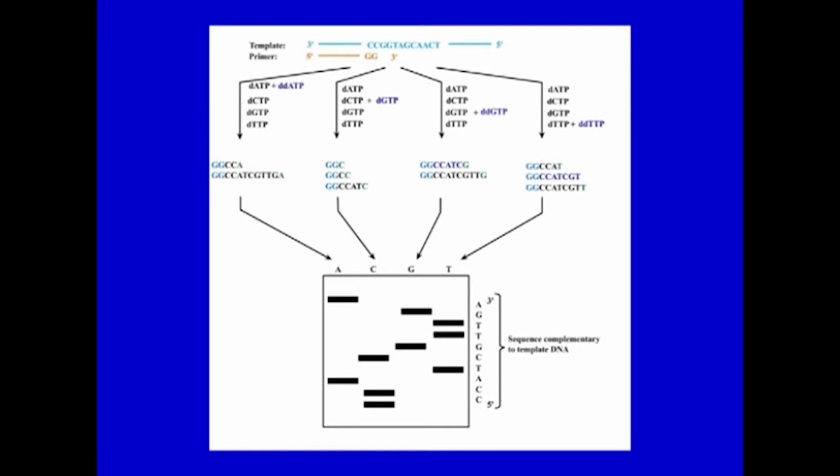Likewise, as you have seen here, this is GG, so it will come CC here, then A, then T, then CC, CG, and likewise you will get the sequence. So, reading from top to bottom excluding the primer, you will be able to read the sequence from the sequencing gel on the autoradiogram.